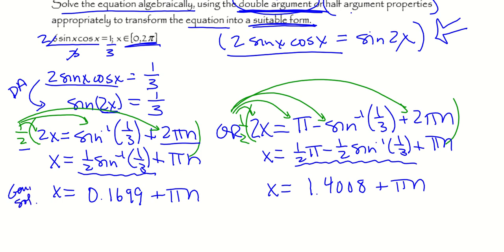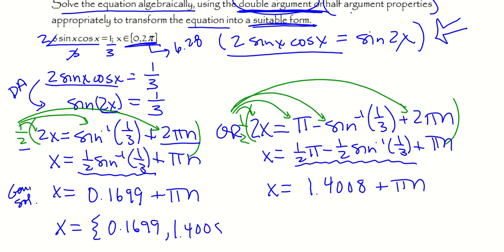If I'm looking for the particular ones between 0 and 2 pi, remember pi is about 3.14, so 2 pi is about 6.28. So my particular solutions are going to include 0.1699, because that fits in that domain. It's going to include 1.4008.